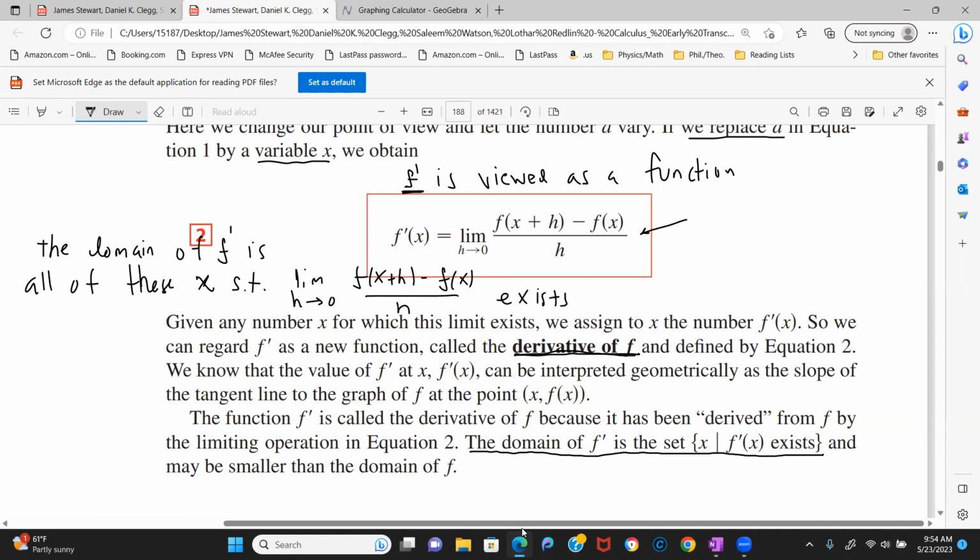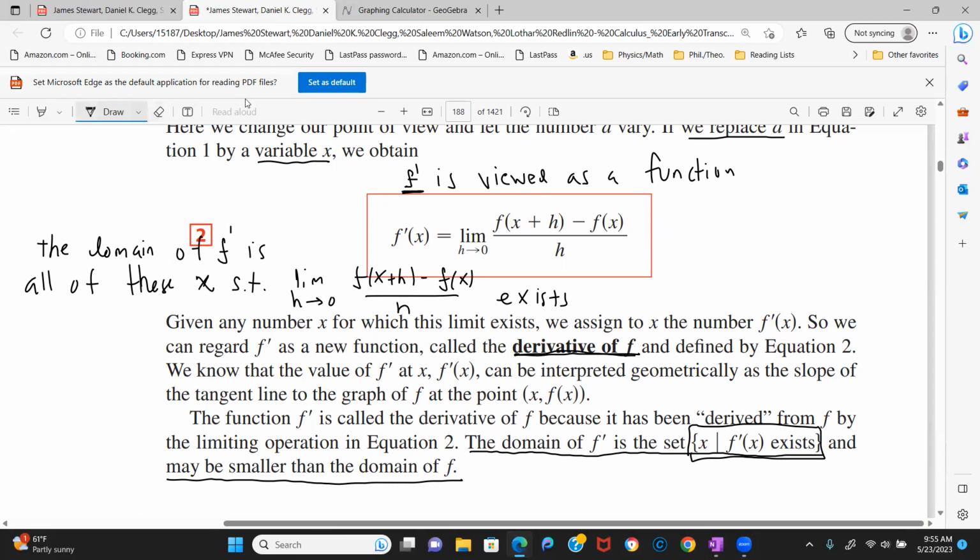And if this limit exists, you call this f prime of x. As it notes, this may be smaller than the domain of f. And again, we're going to see some examples where this is the case. In fact, it's very possible that this set could be empty. There are no points x for which this limit exists. It could be the empty set.